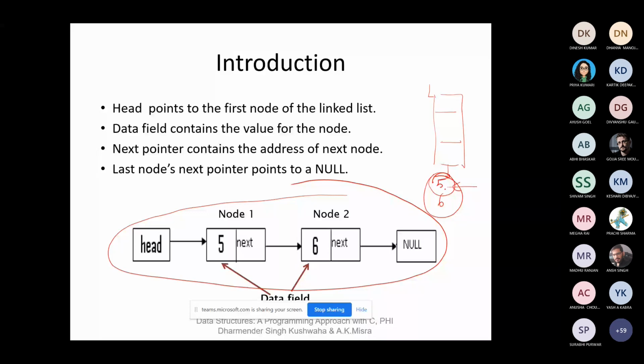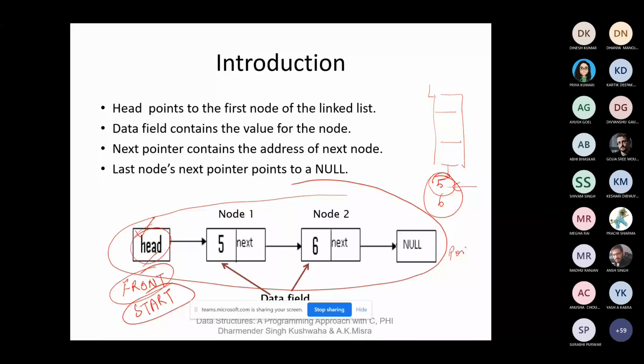In different books, they use different nomenclature for this pointer: either head, or front, or start pointer. There are different names used for accessing the first node of the list.